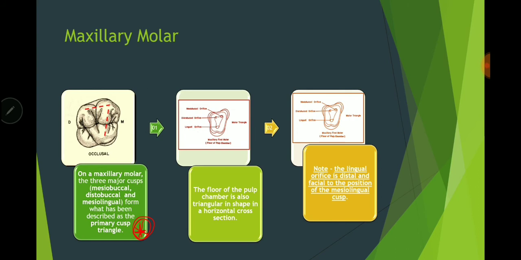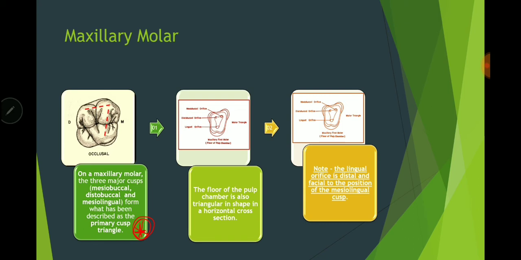So in the cross section, all right, the floor of the pulp chamber is also triangular in shape. In the horizontal cross section, the floor of the pulp chamber is triangular, and the endodontic axis in these teeth is usually triangular.